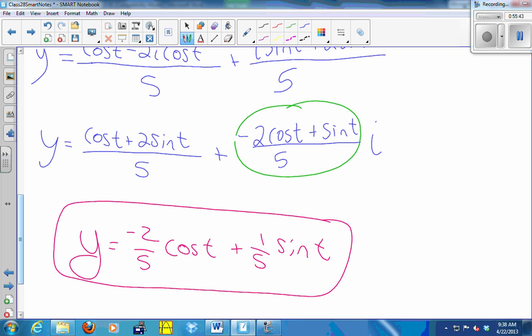No, because that was just the particular solution. The k's come from finding the unforced solution. So this is just another way of finding y particular. This is another way to do step 2. Step 1 stays the same.